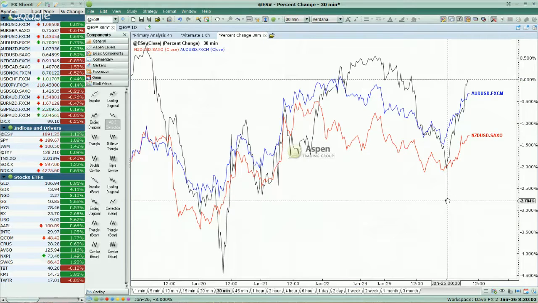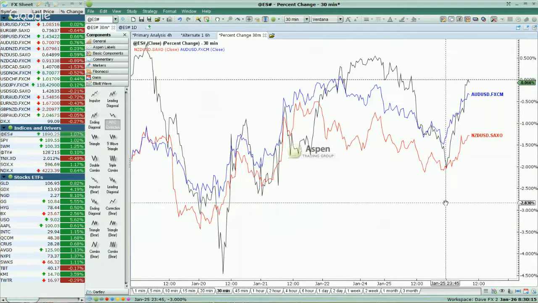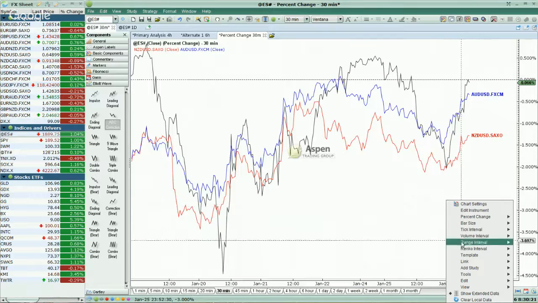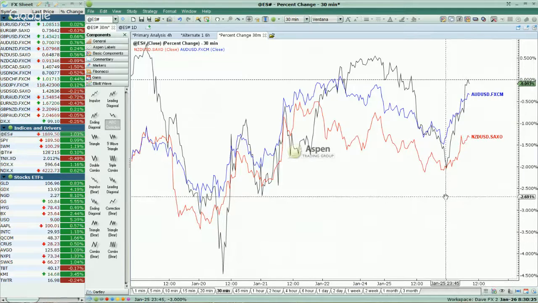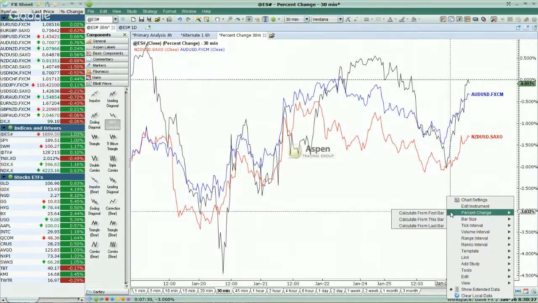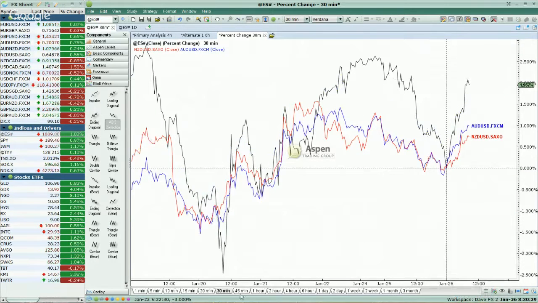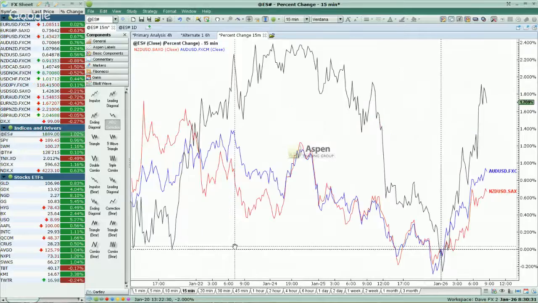Now the question becomes, which one's likely to perhaps be the weaker of the two? Now, there's no way to know definitively which one will be, but here's an assumption, and here's a way to kind of look into that. So if we take the recent low in the S&P 500 and we use that as our starting point, and I'm going to go to a 15-minute time frame.